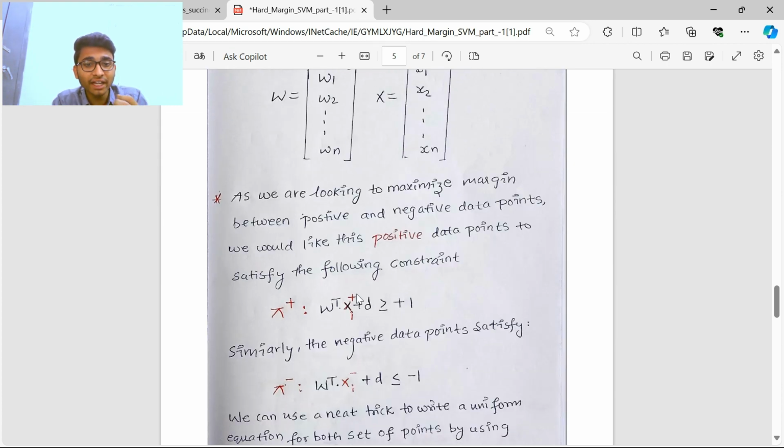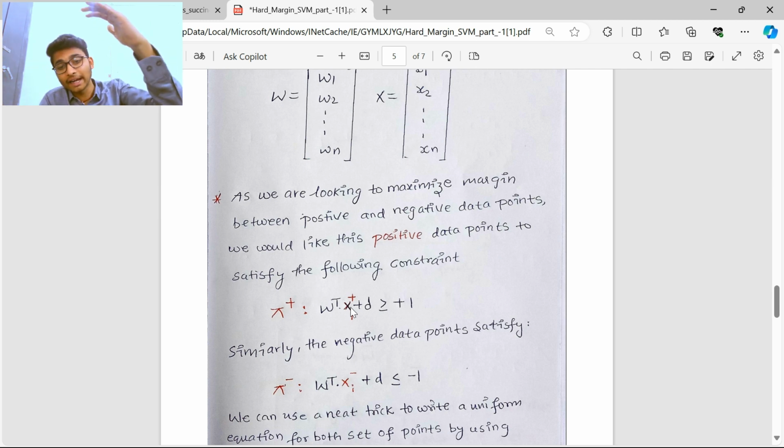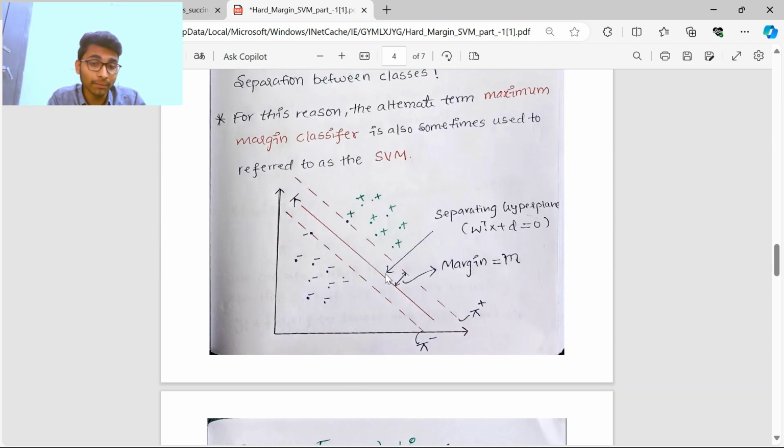We are defining another hyperplane as W transpose dot xi plus d, because all the positive points should satisfy this condition, should be above this plane. You can consider any of them above by introducing some functional margin, the plus one. How do we make sure that every point is beyond this pi plus?